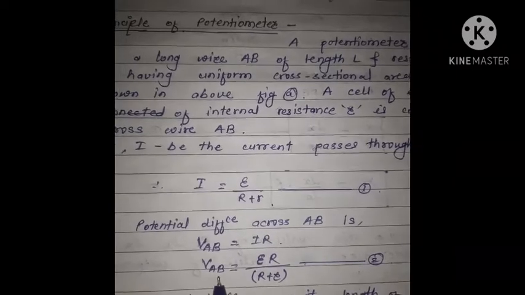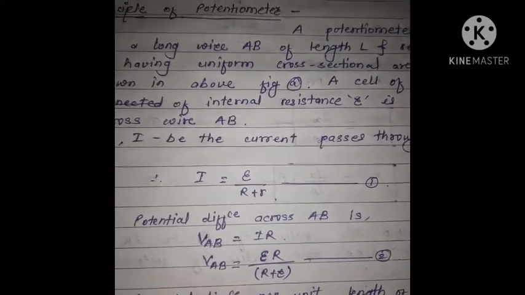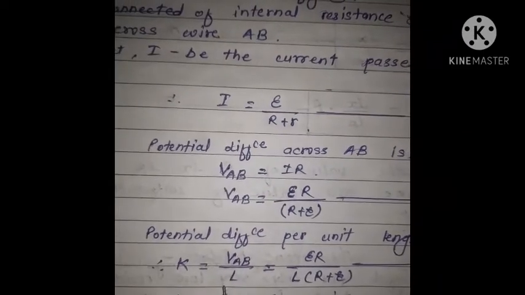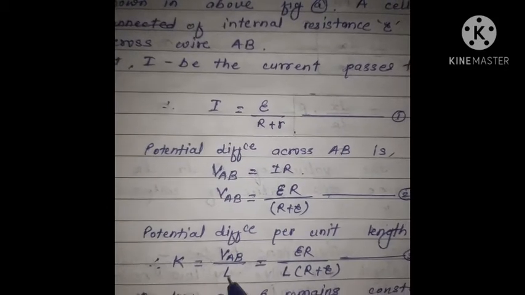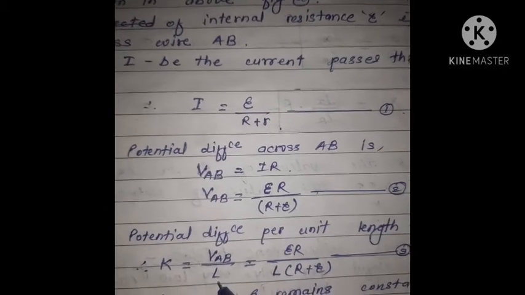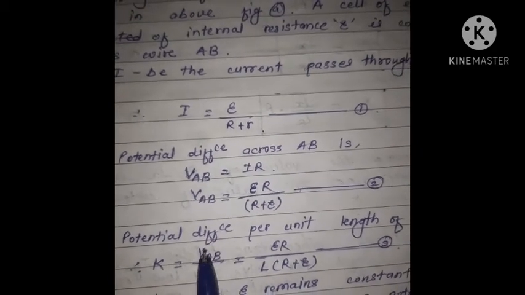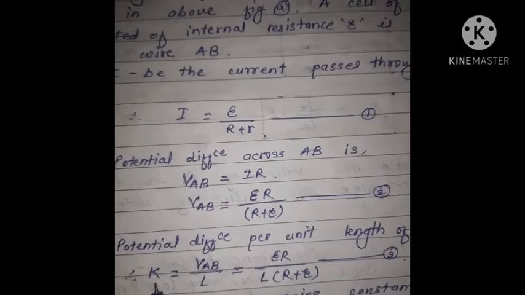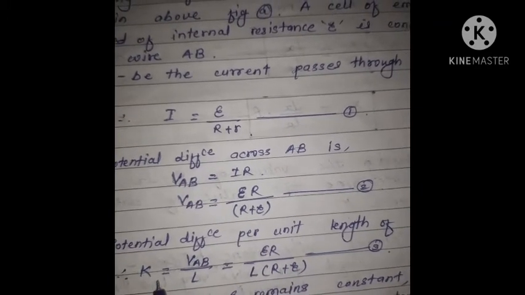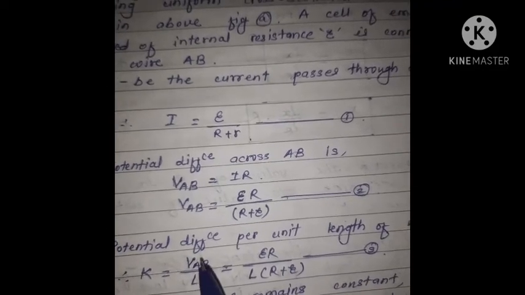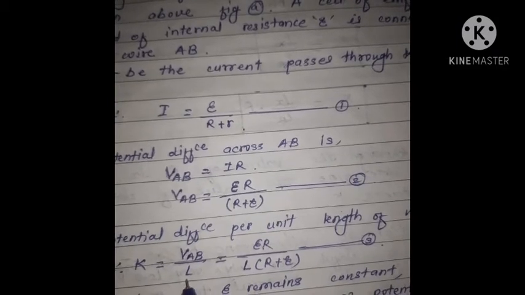Now this potential difference per unit length is VAB divided by L, means potential difference per unit length of wire, is considered as potential gradient and represented by capital K. Means potential gradient is defined as potential difference per unit length of wire.